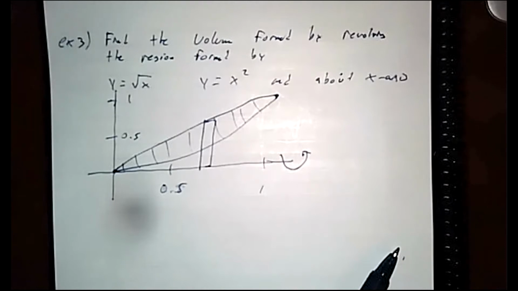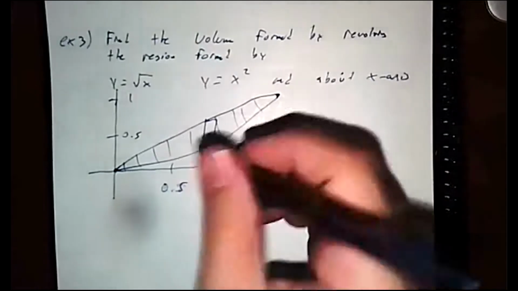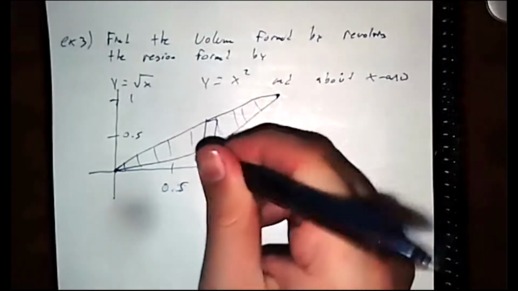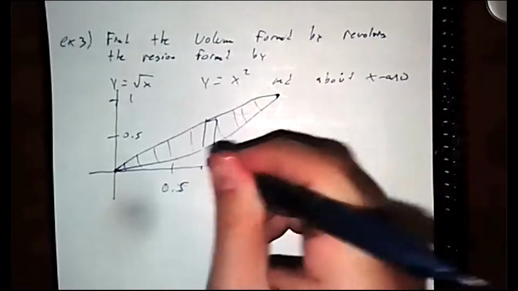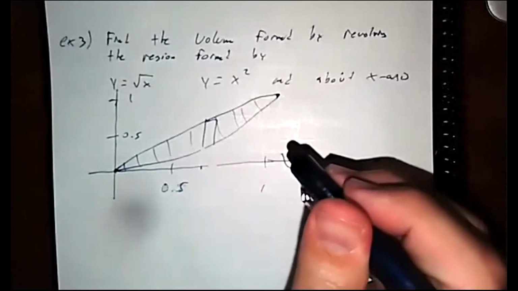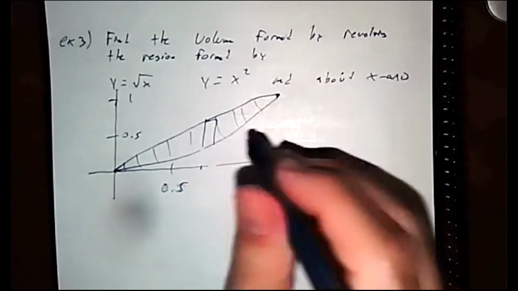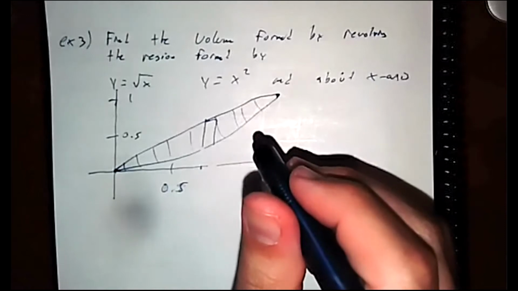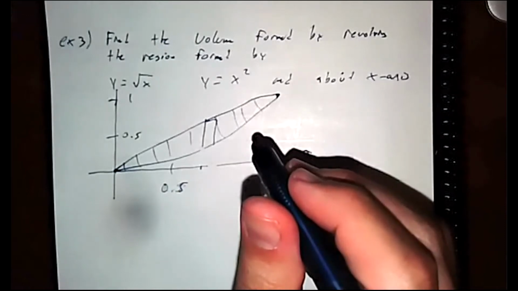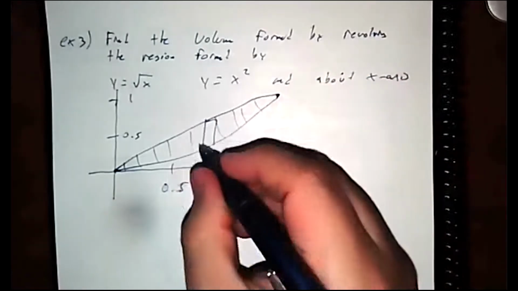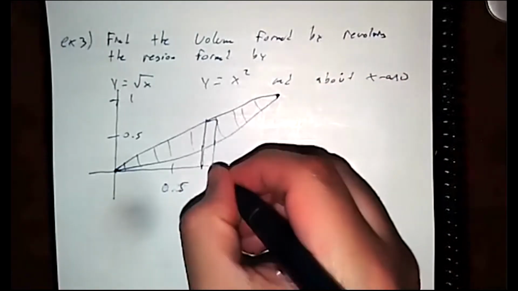The inner one would be, yeah. Sorry, I think I drew that wrong. Yeah, no, actually, it was fine. I'm sorry. Just doubting myself.